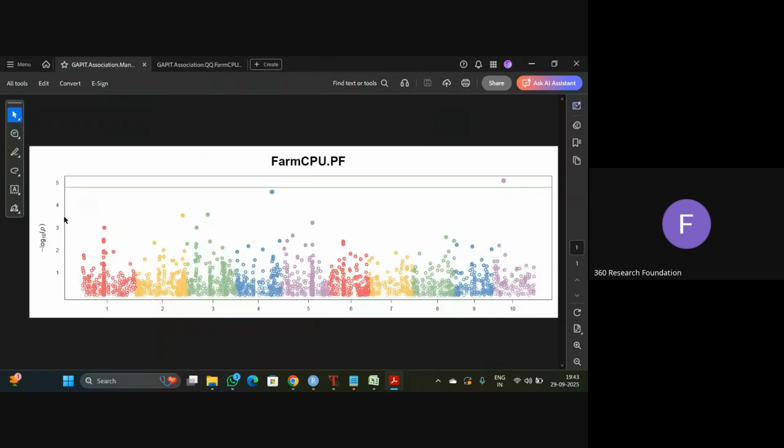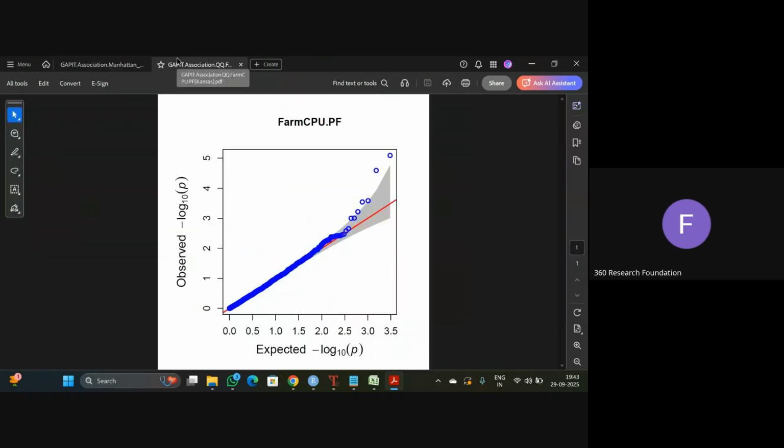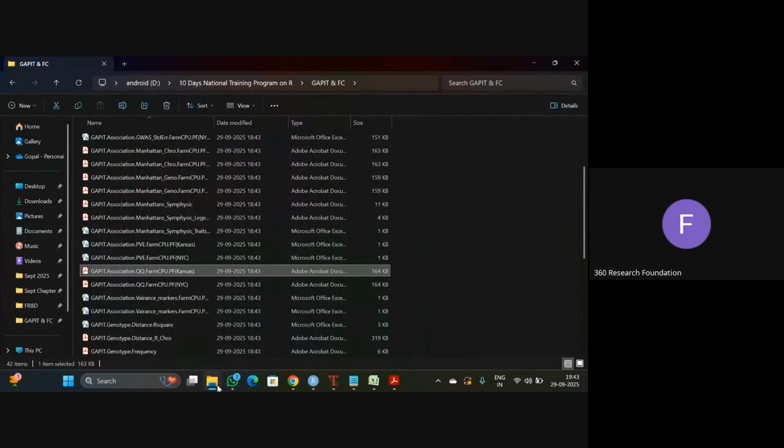So always for the threshold level, refer to the QQ plot and check the point from where the data starts deviating from your normal distribution. Okay, sir. So that is Manhattan and QQ.